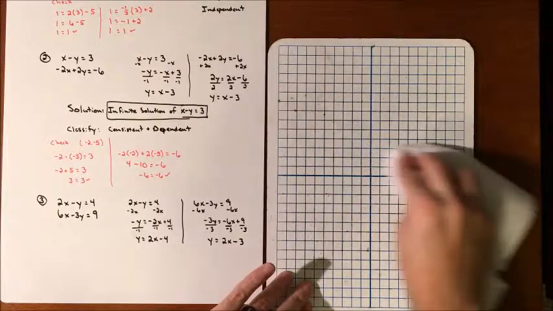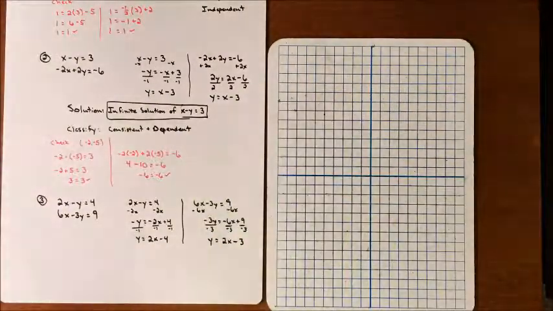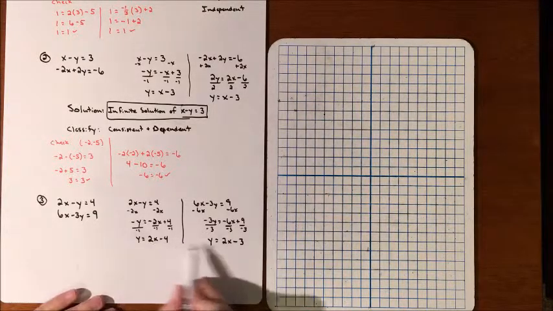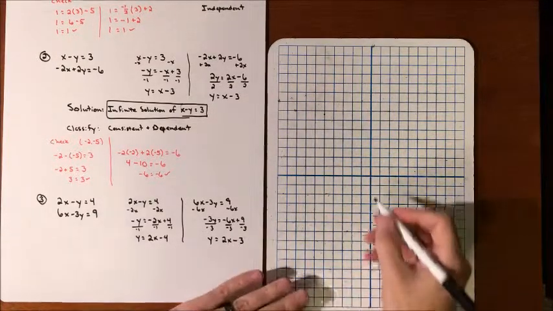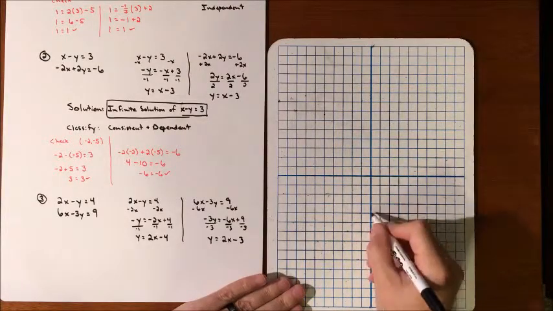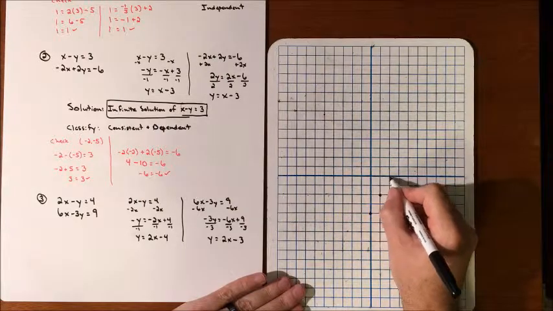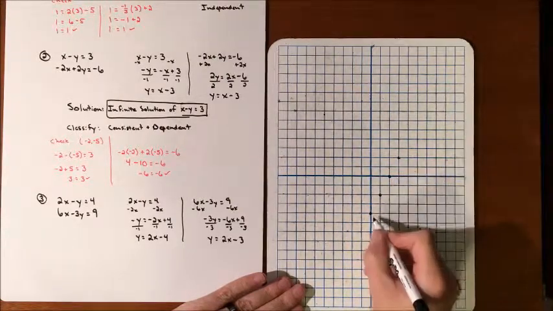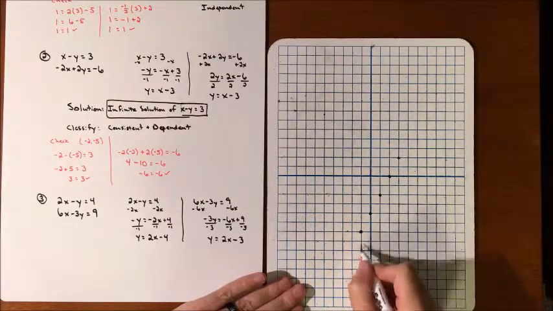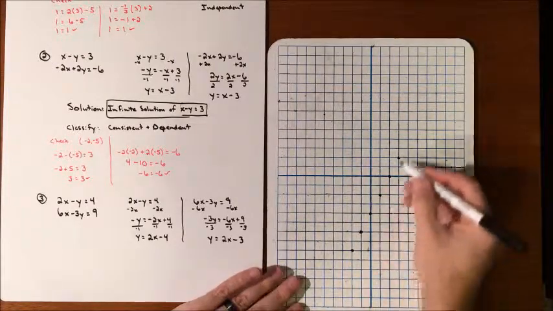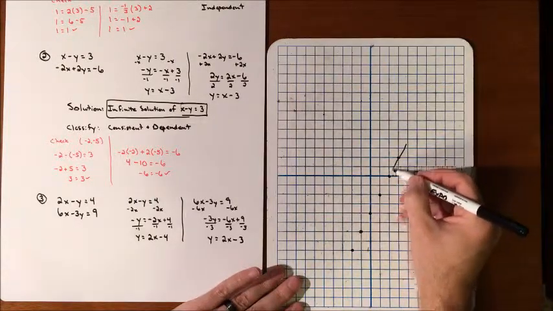And just looking at them, they have the same slope, but they have different y-intercepts. So that is giving me an idea that they're going to probably be parallel to each other. Same slopes, different y-intercepts. So one's going to go down 4, up 2 over 1, up 2 over 1, down and left, 2 over 1. So first equation looks like this.